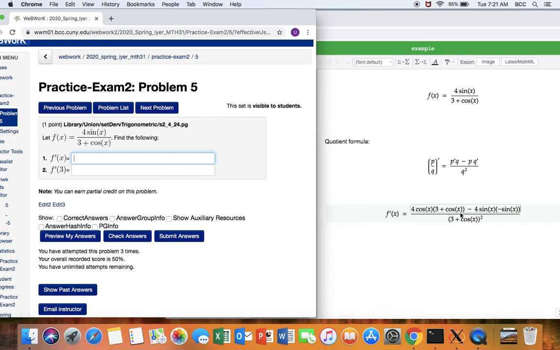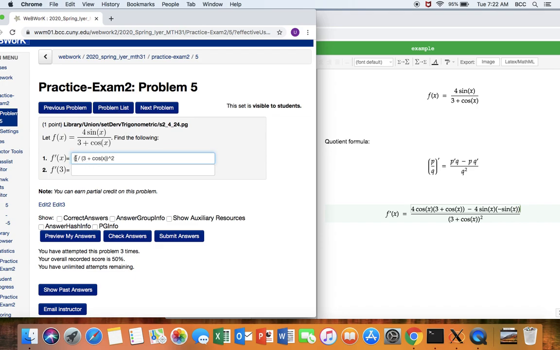I'll simply write a numerator, leave a bunch of space, and then the denominator. The denominator is easy to do. To write the square, I will use the hat symbol, 2, that is the square. What goes inside is 3 plus cosine x. That's fine. So the denominator got taken care of.